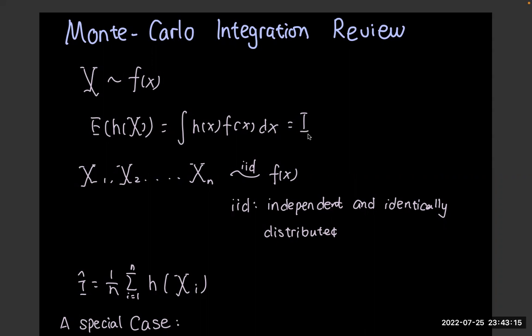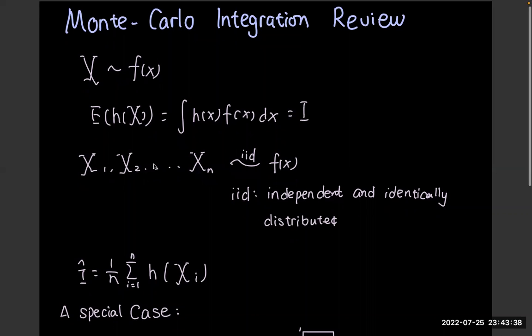And we write this as I. I stands for integration. Monte Carlo integration means that we can draw random samples, say x1, x2 to xn, from f of x, independently and identically distributed. That's what IID stands for. Then we can approximate this integral I by I hat.